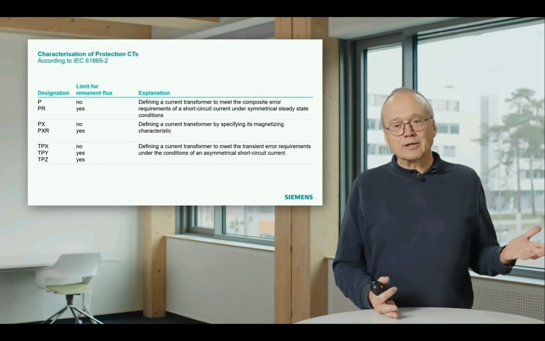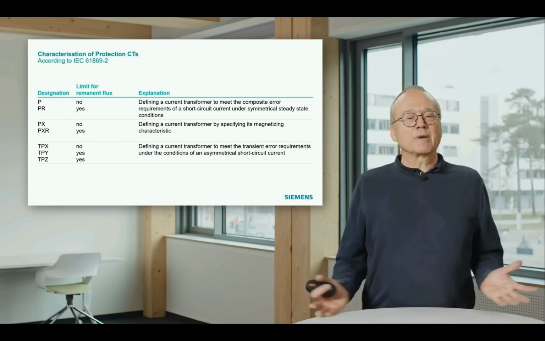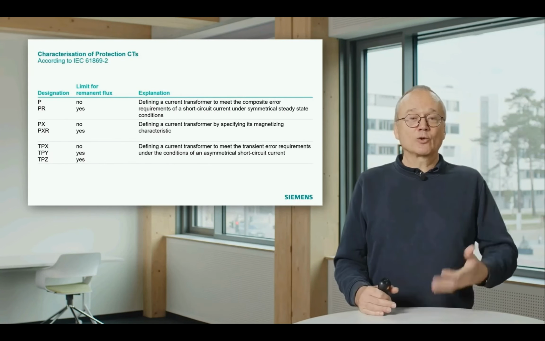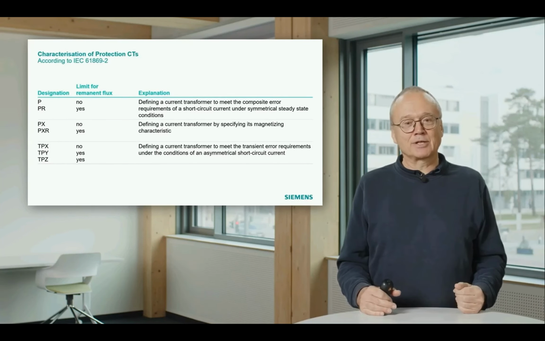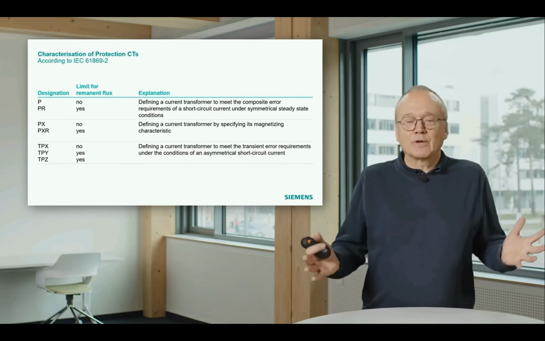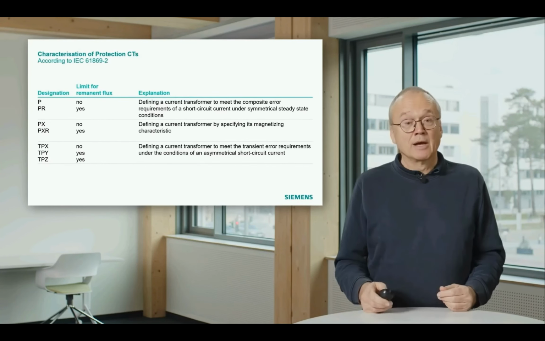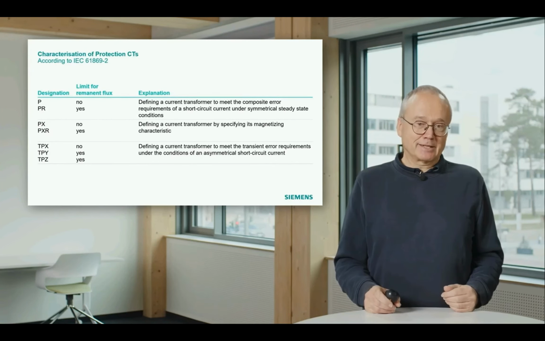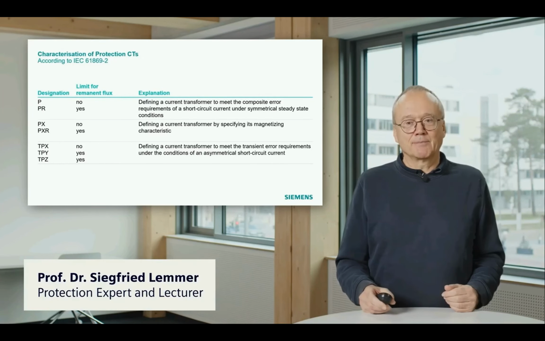If we look into the field, we have current transformers which may be as old as I am. They have been designed long before the standards were established. They even have no class definition, so they have other parameters. So that was a short view into the standardization side. And now we have to look at the steady-state operation.